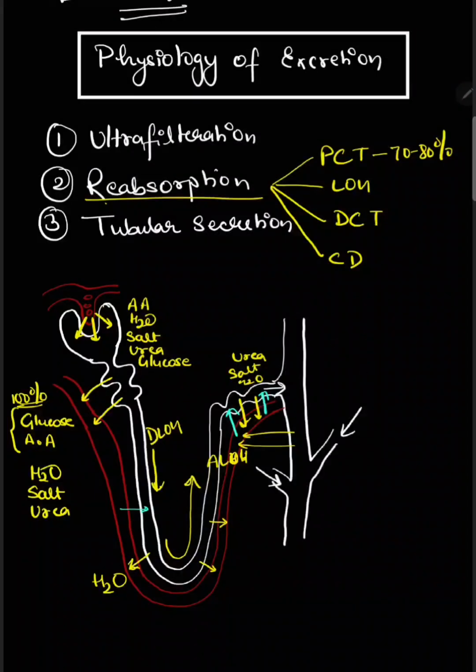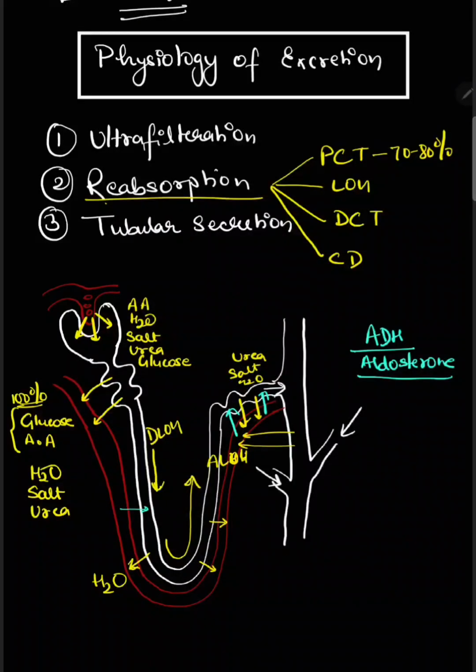The maximum amount of tubular reabsorption is carried out in the DCT region under the influence of ADH hormone and aldosterone. ADH will allow the water to be put back into the blood through reabsorption, and aldosterone will allow the salts or ions to be put back into the blood through reabsorption.